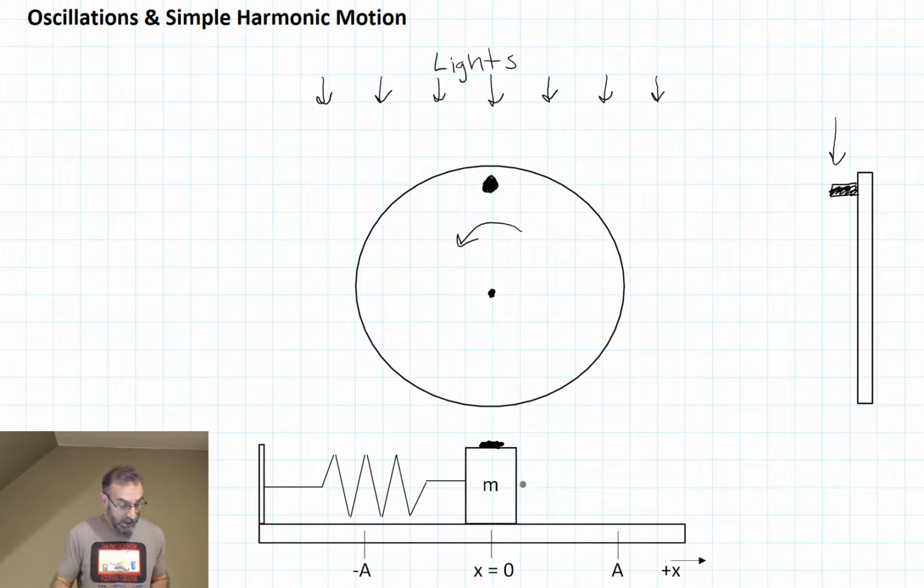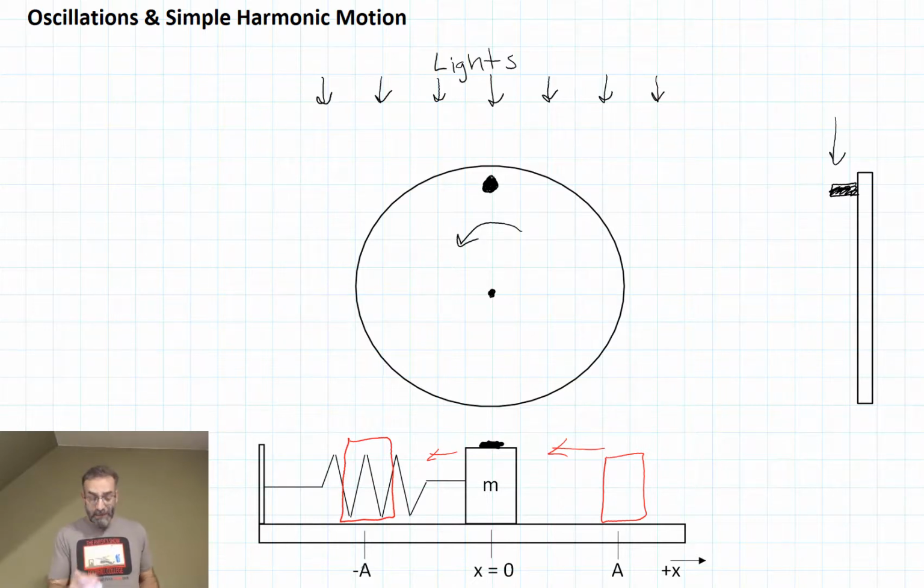So if I take my box and displace it by some distance a, some amplitude a, and let go of it, the box is going to get pulled in this direction. It's going to move through the equilibrium position, and end up over here at negative a, and come to rest momentarily at that point.